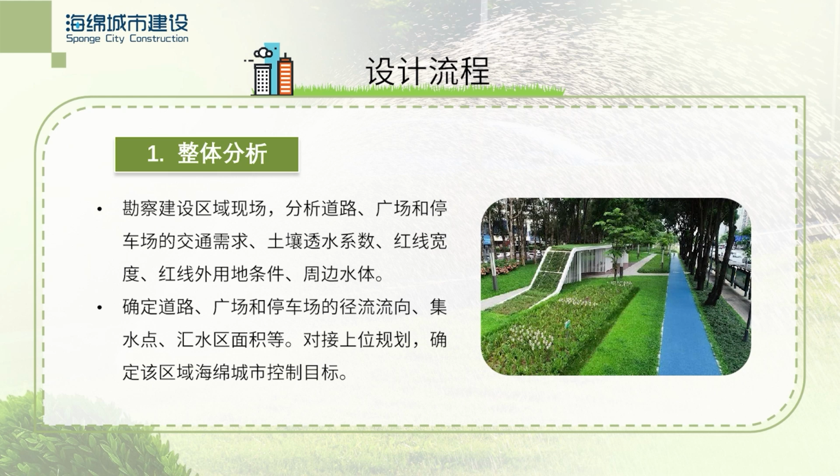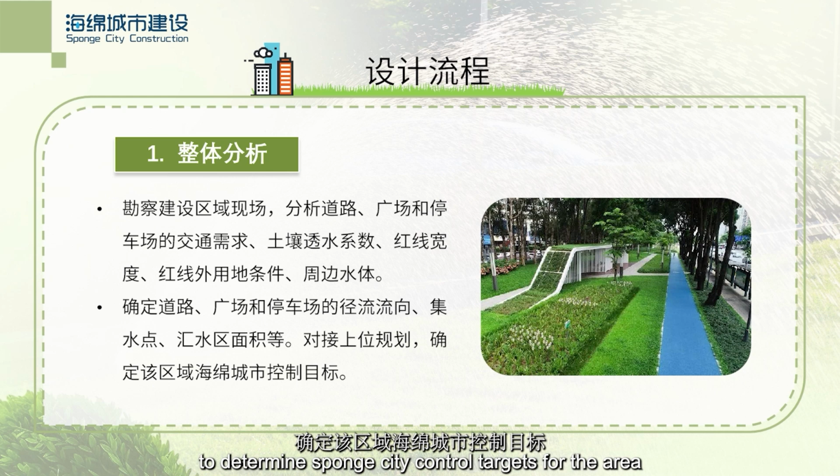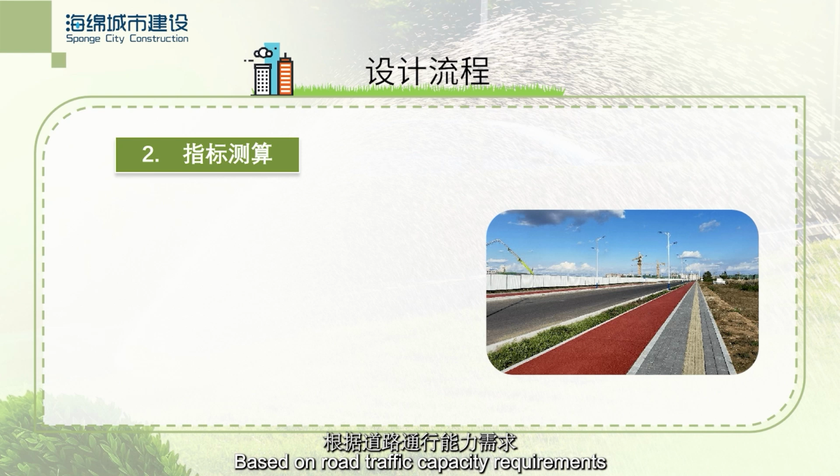Collection points: determine the flow direction of runoff, and catchment areas for roads, squares, and parking lots align with higher-level planning. To determine Sponge City control targets for the area, index calculation based on road traffic capacity requirements.